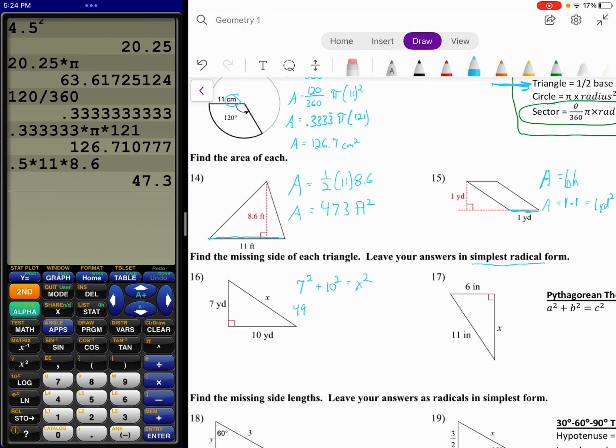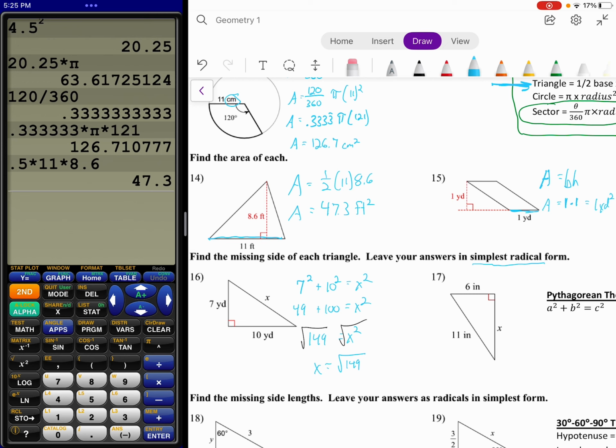So this is 49 plus 100. 149 equals x squared. And we take the square root of that. So x is the square root of 149. I don't really think 149 simplifies at all. So that's simplest radical form.